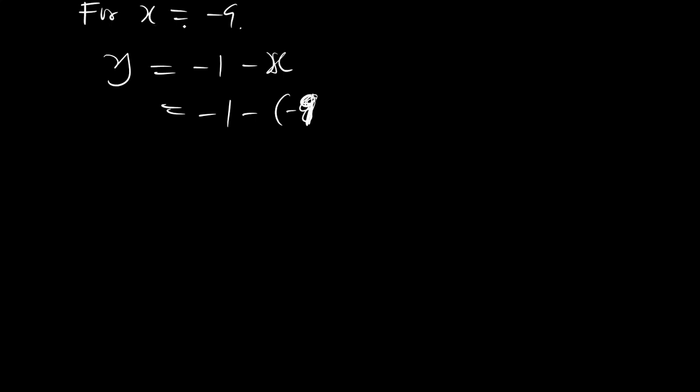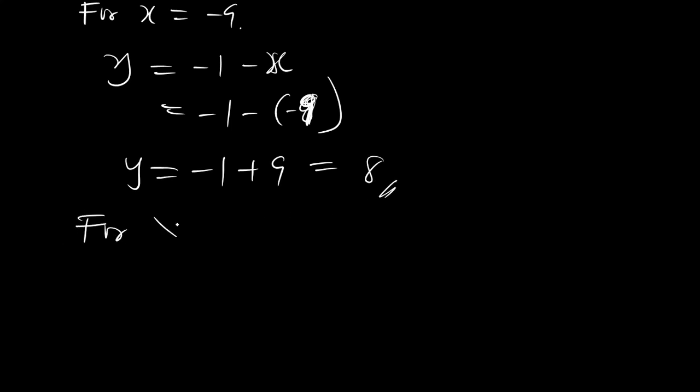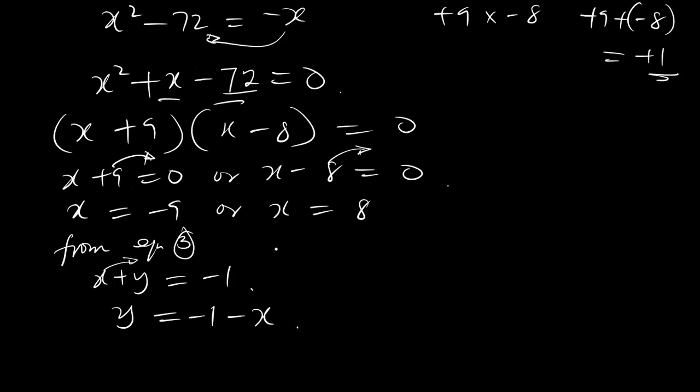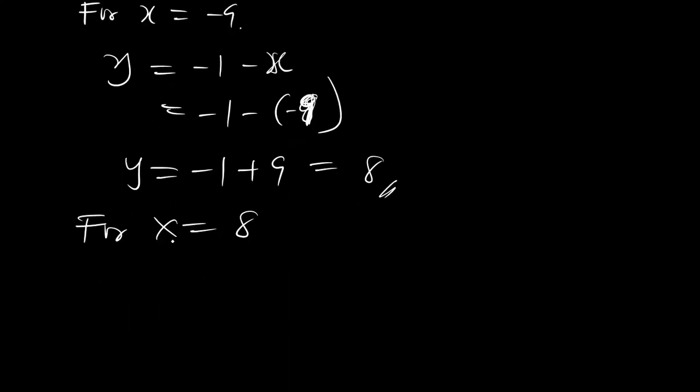Minus times minus gives plus 9. So that means y is equal to 8. Now for x equal to 8, you have y equal to minus 1 minus x, so minus 1 minus 8, which is minus 9.